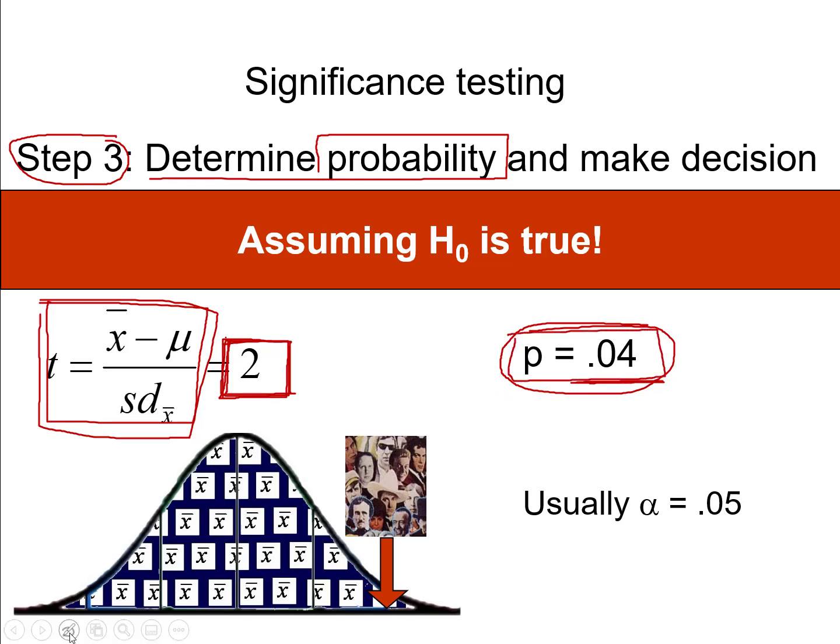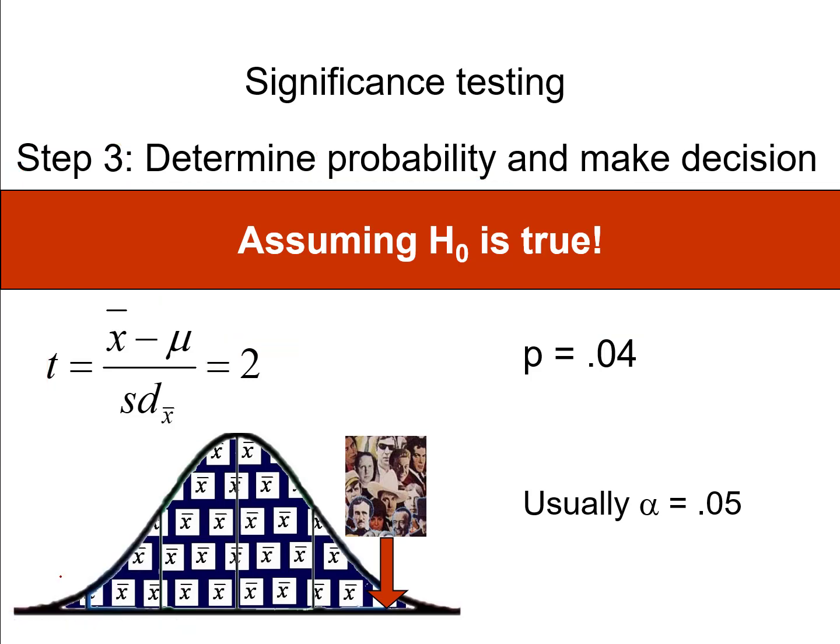And so once I calculate the p-value, that is the probability of my test statistic under the assumption of the null hypothesis, I'm going to use that p-value to make a decision. And that decision is going to be a dichotomous decision between two options. One option is to fail to reject the null hypothesis.